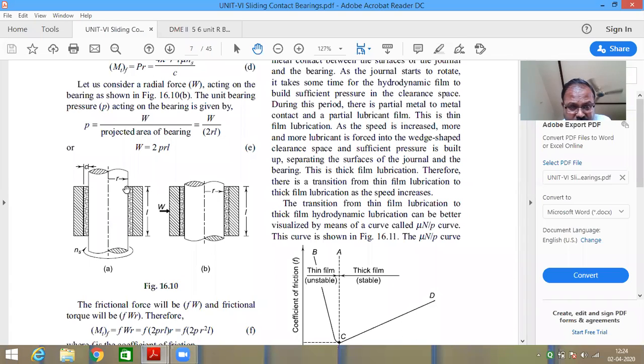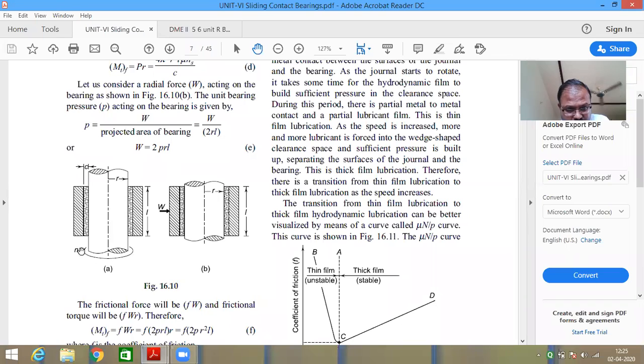Journal means this portion of the shaft which is inside the bearing. If the journal radius is small r and the inner radius of the bearing is capital R, then we can define capital R minus small r as the clearance. And that clearance will be filled with lubricant.